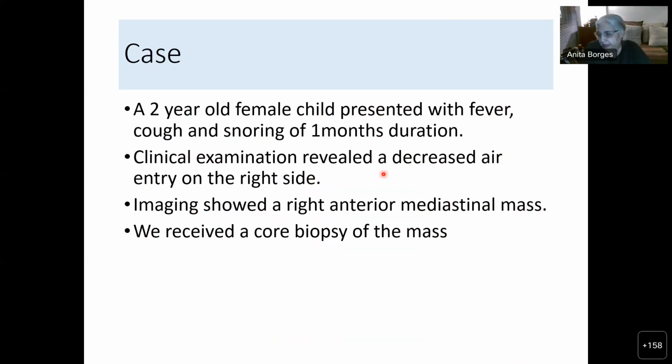All right, and this is my last case. I've talked for 2 hours now, but this is interesting because it tells you about the normal histology of another lymphoid organ. This is a 2-year-old female child who had fever, cough, snoring, and decreased air entry on the right side, and there was a huge anterior mediastinal mass, and we got a core biopsy of this mass.